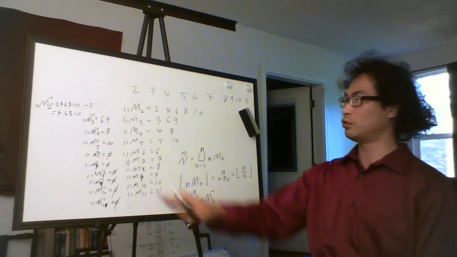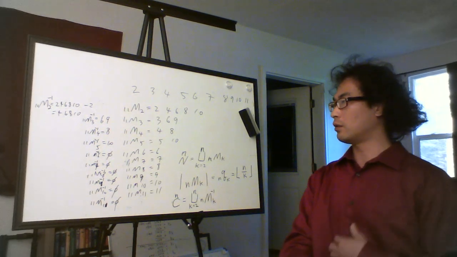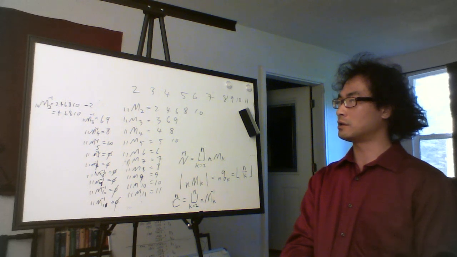The union of all these guys is the set of all composite numbers less than or equal to n.